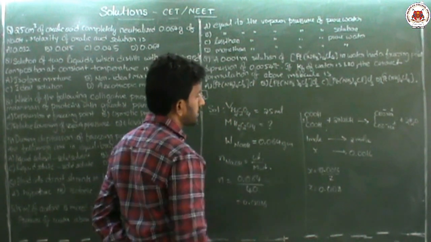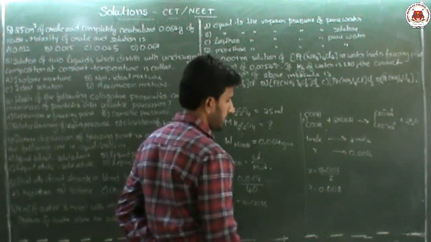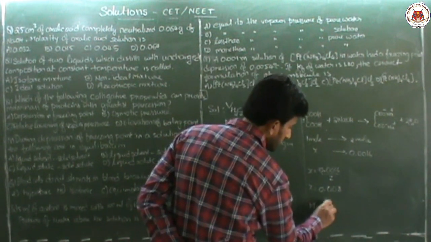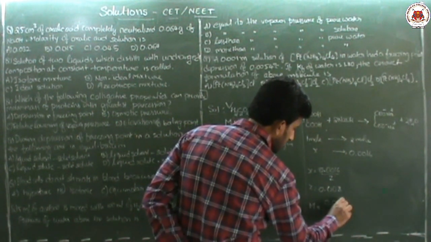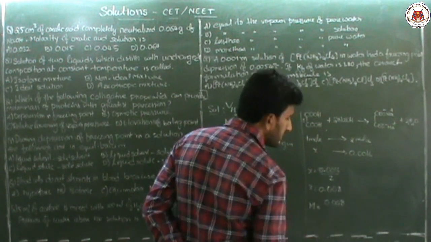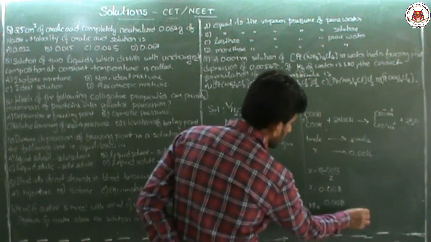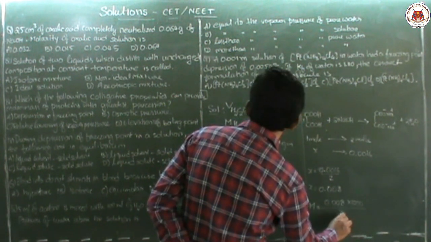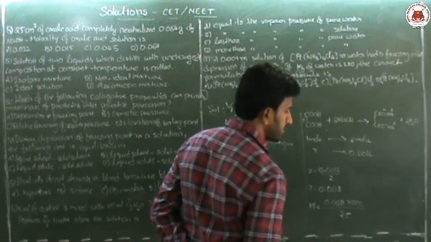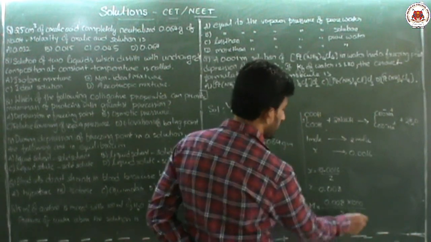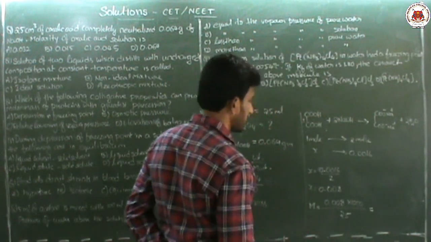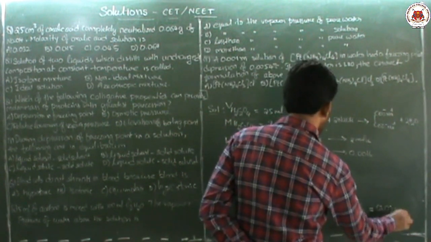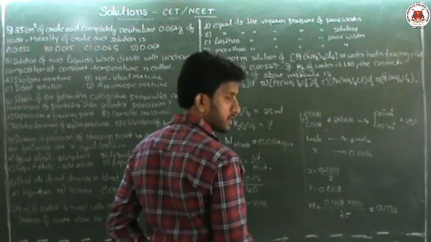But the volume given is 25. So what should be the molarity now? Molarity is equal to the number of moles of oxalic acid, 0.008, into 1000 divided by the volume, which is given as 25 ml. Once you solve this, you get 0.032, that is 8 divided by 25.